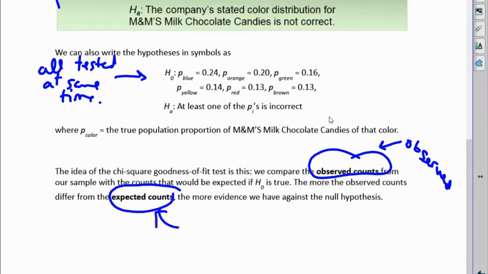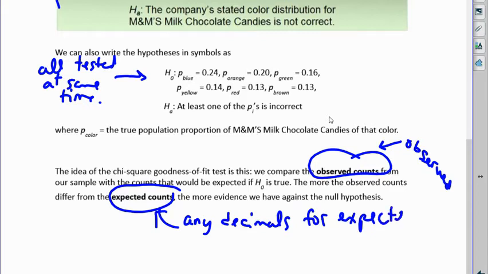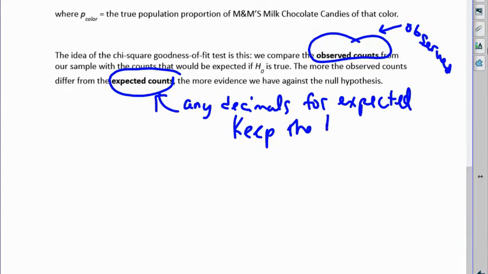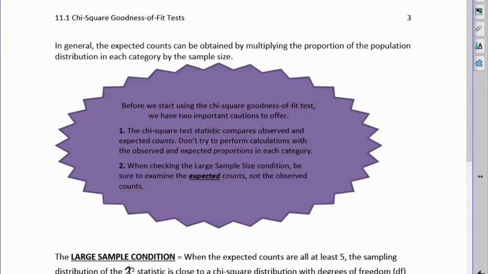And if we have any decimals for the expected, keep the decimal on those expected counts. Let's go to the next page, just running through these note pages.